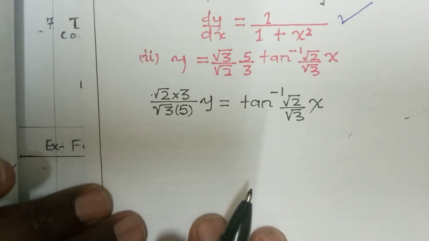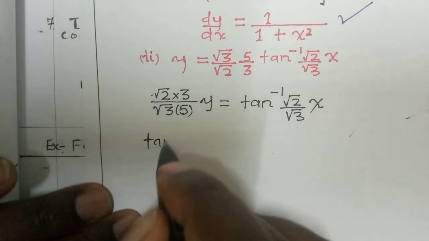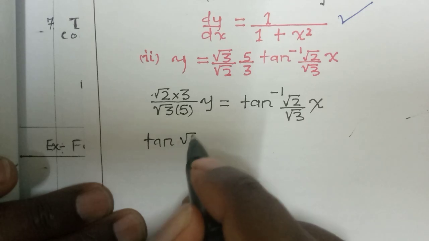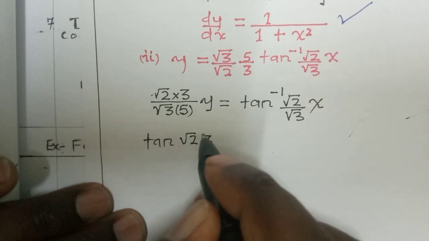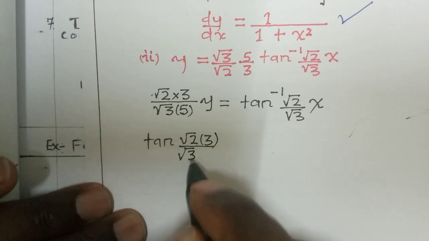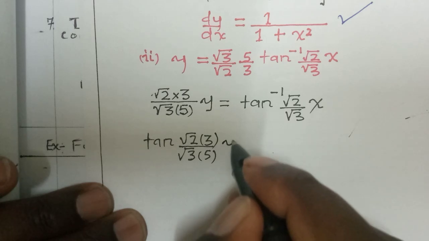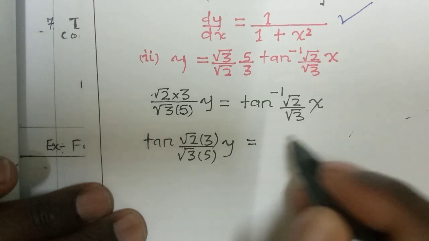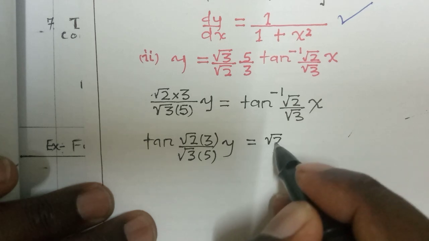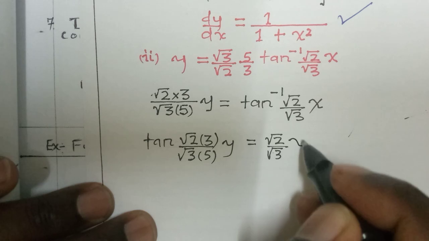And so guys, we shall have tan of that, tan of square root of 2 3 over square root of 3 5 y. This is now going to give us square root of 2 over square root of 3 x, like that.